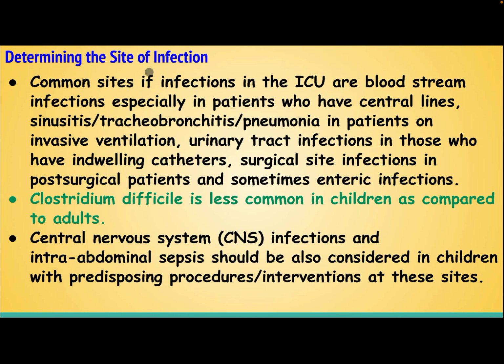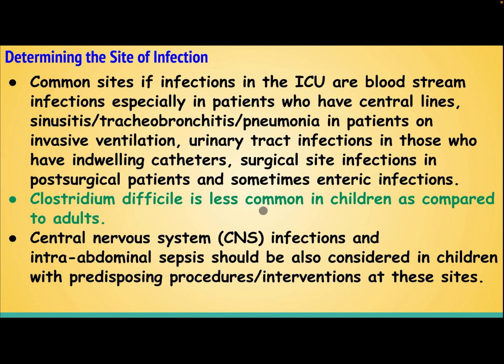Determining the site of infection. Common sites of infection in the ICU are bloodstream infections, especially in patients who have central lines, sinusitis, tracheobronchitis, pneumonia in patients on intensive invasive ventilation, urinary tract infection in those who have indwelling catheters, surgical site infection in post-surgical patients, and sometimes enteric infection.